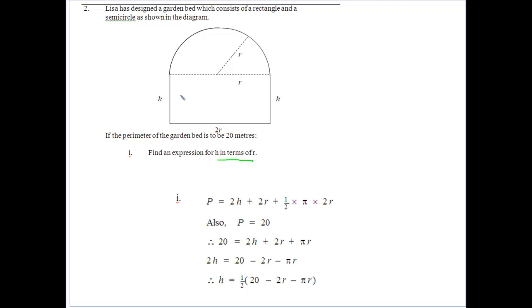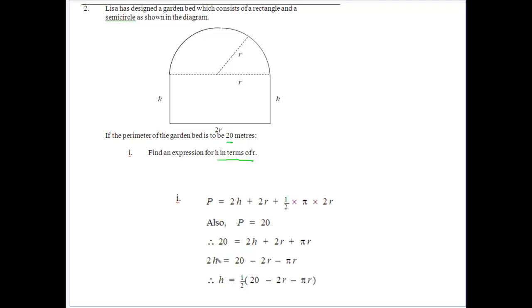So the perimeter would be two lots of h, 2r, and then half of the circumference of the circle, which is pi times 2r, so half times pi times 2r. And we know the perimeter is going to be 20 meters, so we can sub that in for the perimeter. And we get 2h plus 2r plus pi r, all equal to 20.